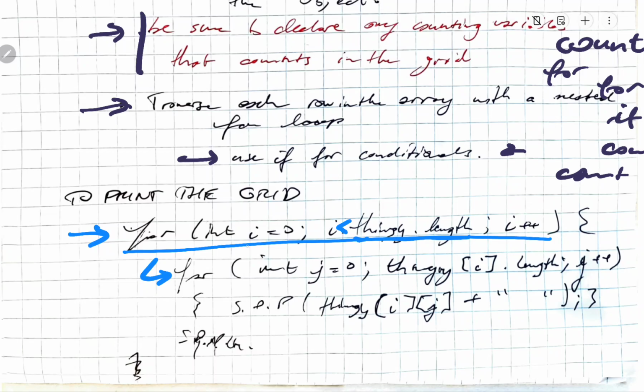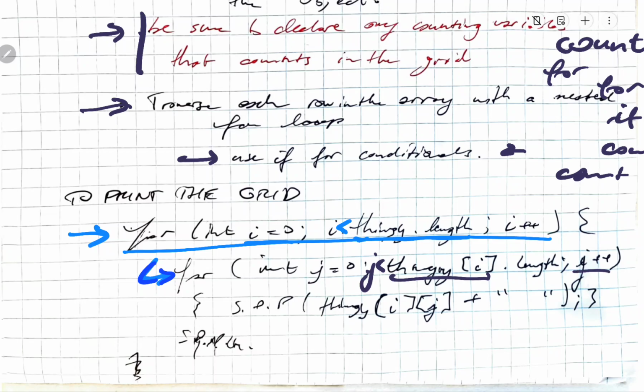I usually go from i equals 0, and I will go up by 1 after every row is complete. And then within each row, we will traverse starting at j equals 0. j is less than thingy of this row dot length, and then j goes up by 1.